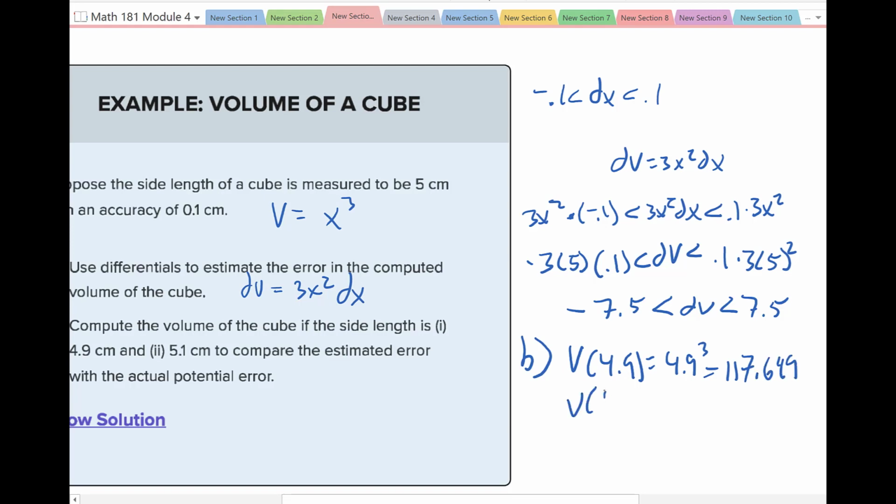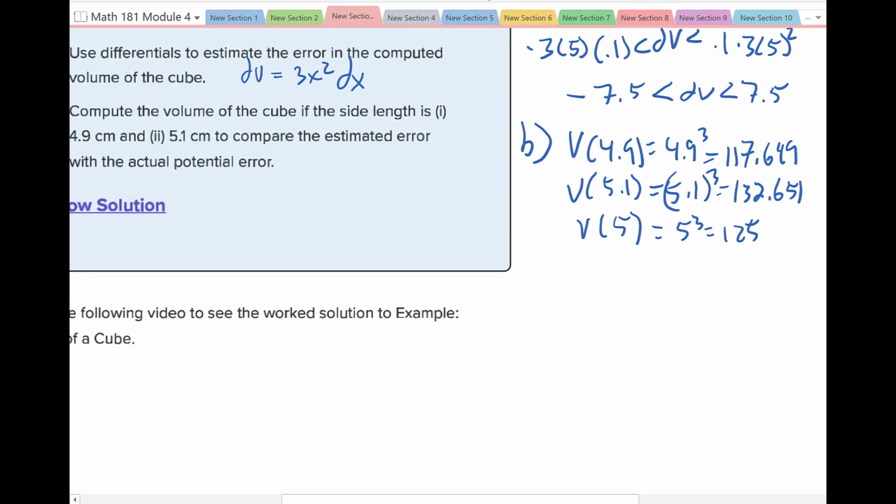And the volume at 5.1 is going to be 5.1 cubed, which is 132.651. And the volume at 5 is just 5 cubed, which is 125.